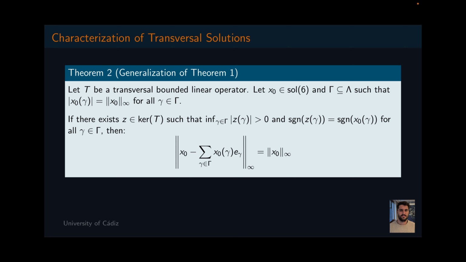Subtracting the entire projection of x0 onto gamma does not decrease the infinity norm of the vector whatsoever. This theorem essentially proves that for transversal operators, the minimum norm solutions are incredibly symmetric and highly robust against local perturbations. The maximum norm is deeply embedded across multiple components, not just a fragile peak at a single point.